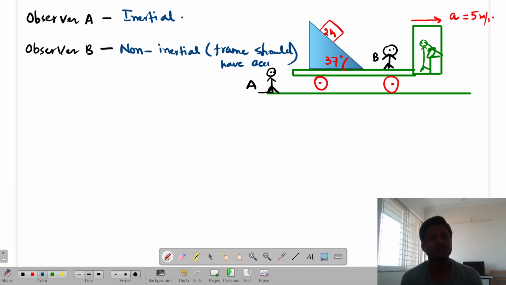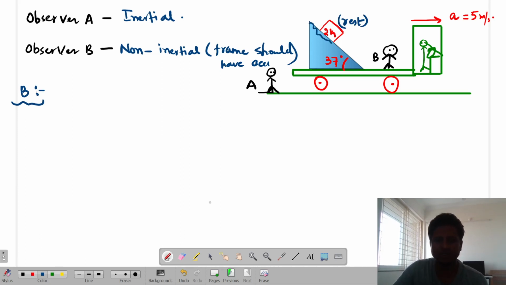Now, if I have an inertial and a non-inertial frame, look at B. What will be the observation by B? Consider that the block is at rest over here, which means the surface is rough. Are you able to get me?